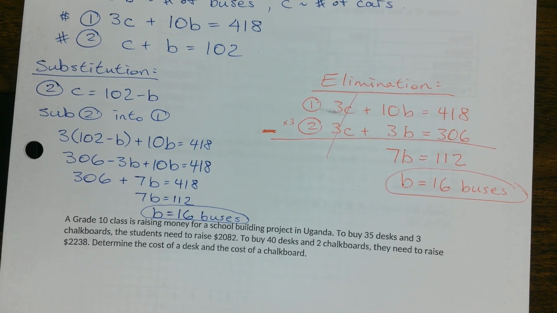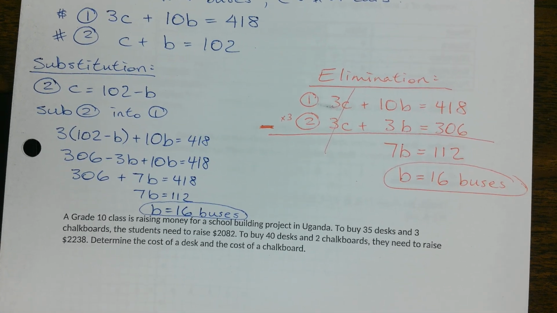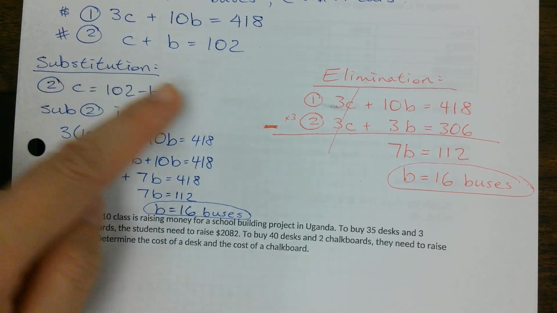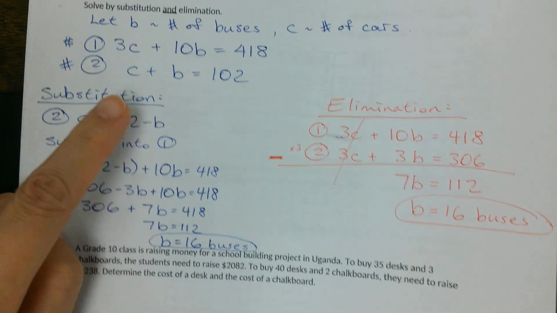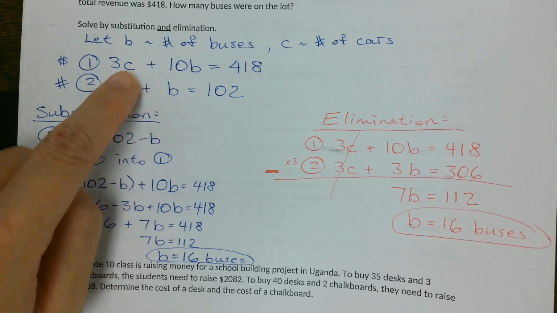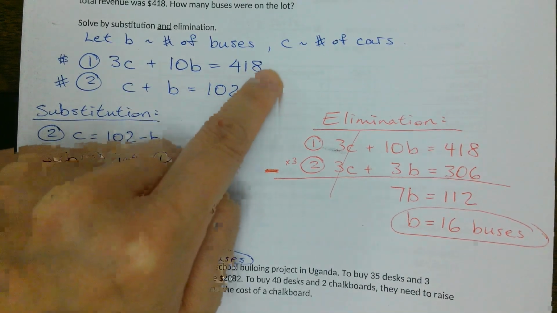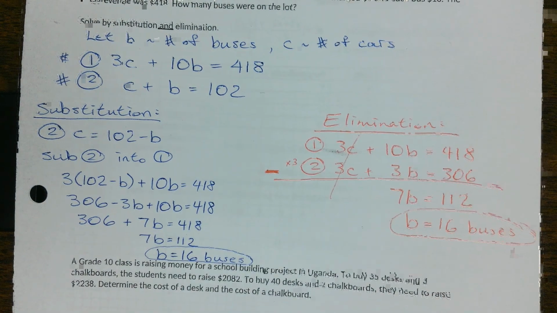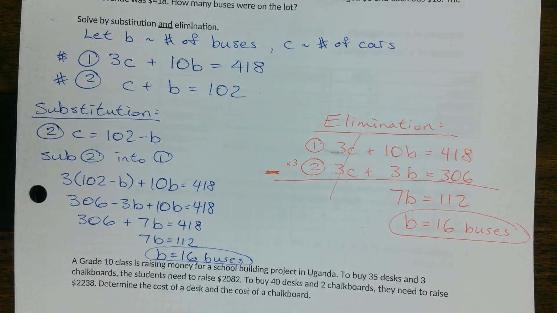Can we do solve by graphing? All of these you can solve by graphing. If I were to do these by graphing, I would have to rearrange it into y equals mx plus b form, and then graph it on graph paper. But out of the 3 methods, graphing is the least accurate and the most time consuming. Can we cover that?